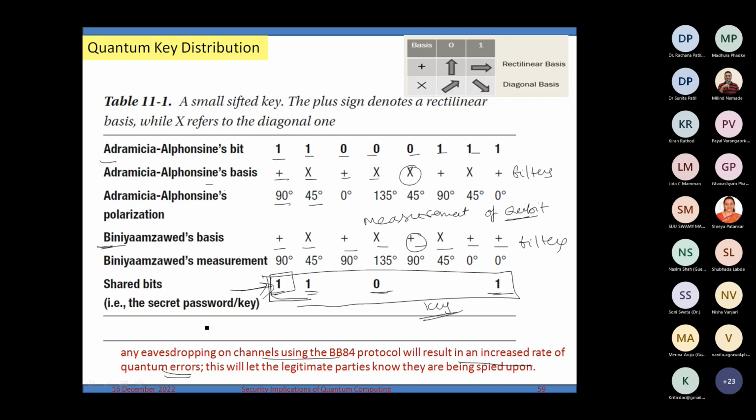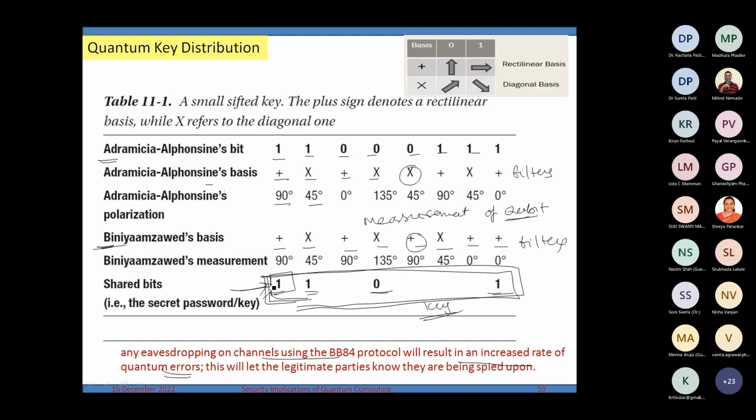So the BB84 protocol is meant for sharing of the keys in this particular manner. And remember, as I said, Eve can listen to the channel. She may try to capture the key, but any such listening to the communication channel and capturing the key will be informed to both the sender and receiver, and hence they will be able to restart the key distribution or key establishment process.